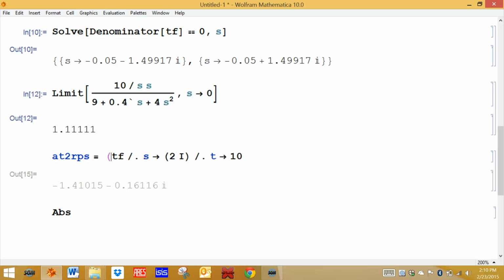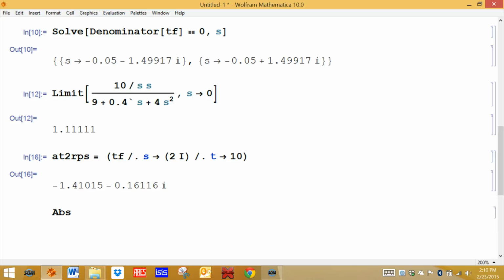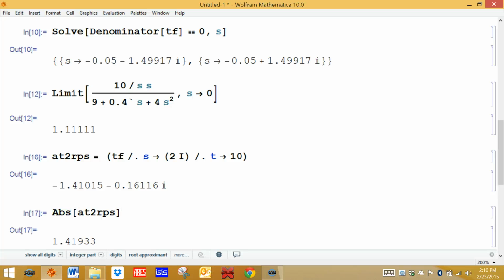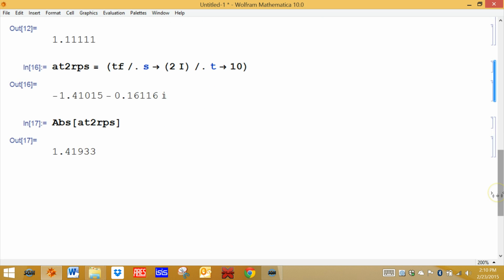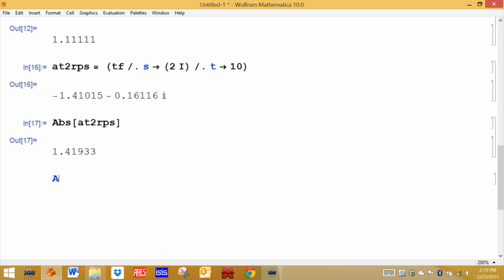I'll put parentheses around there. So what's the absolute value at 2 radians per second? That's the magnitude. All right, so that's how much the angle will oscillate. If you want the phase angle, I want the arctan.